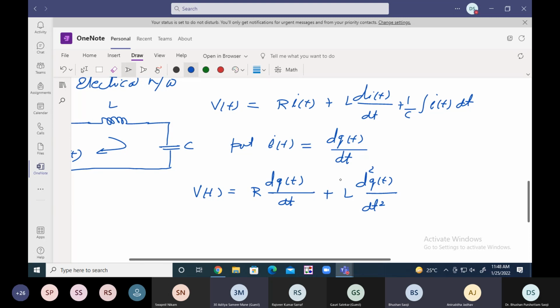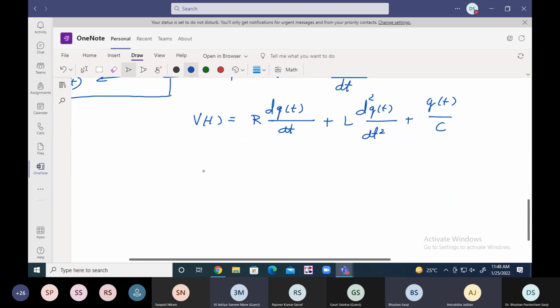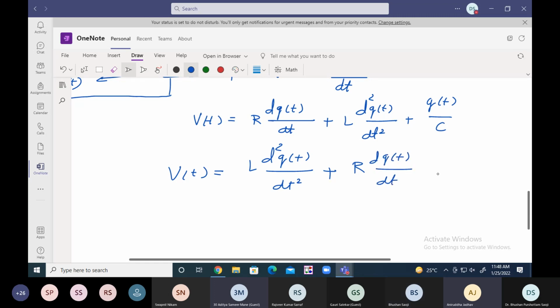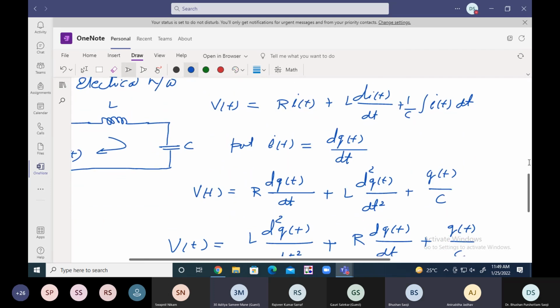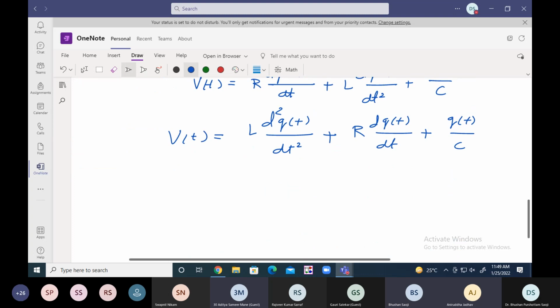Then the integration of dq by dt becomes q of t divided by C. So V of t equals L d square q of t by dt square plus R dq of t by dt plus q of t divided by C. This is our second equation, let us say equation number B. Now we have these two equations.